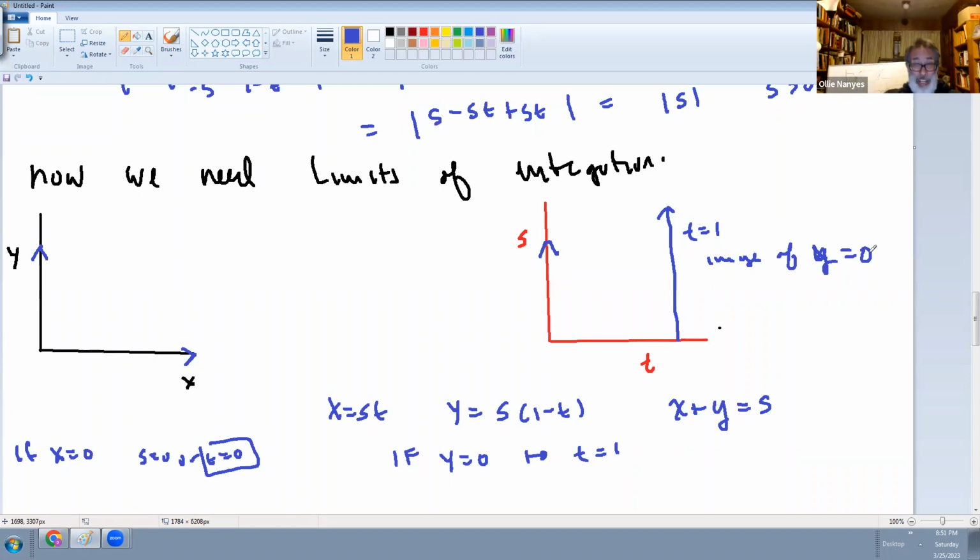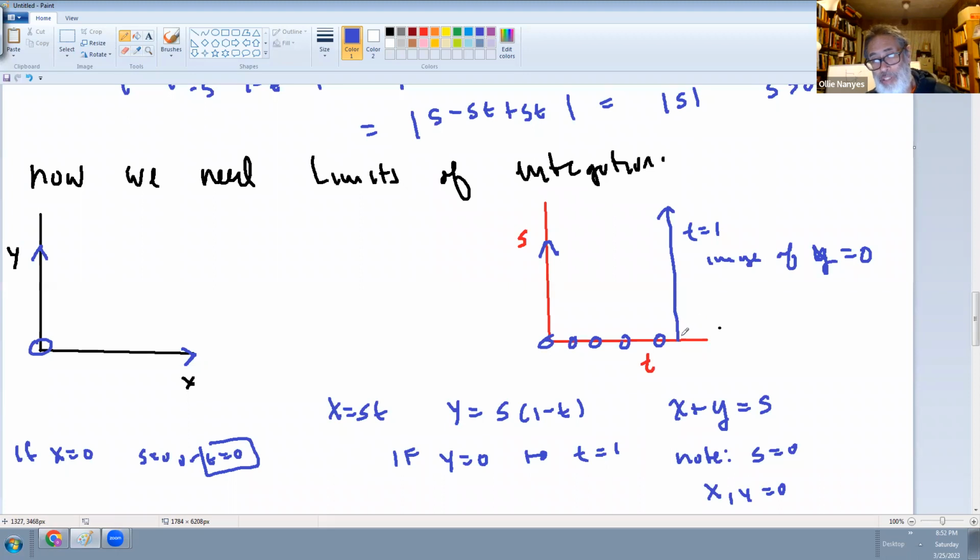And then the other thing you note, if S is 0, then X and Y are both 0. So the S equals 0 axis, this whole axis here, and I'll just put little dots around here, all gets mapped to the origin.